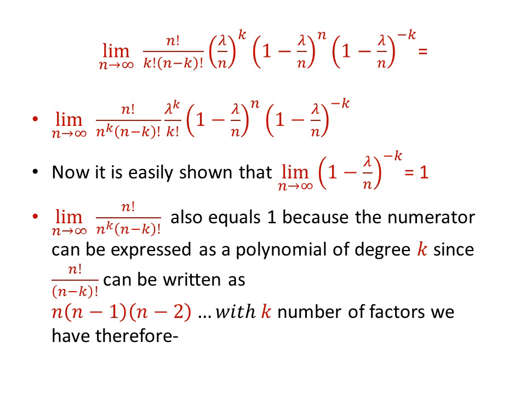And now, let's consider what happens to this factor I'm circling. If you will notice, we have n factorial over n minus k factorial, which can be simplified as simply a series of factors in the numerator, which I have delineated here as n times n minus 1 times n minus 2, etc., with k number of factors.